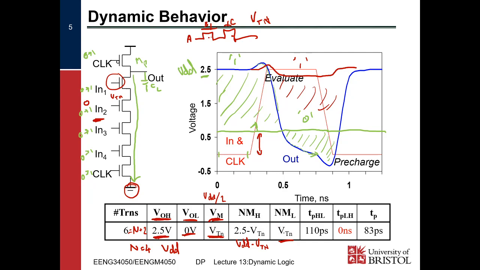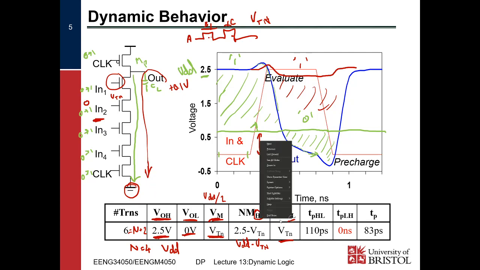That's not actually a problem though for dynamic logic, because it's actually our high output signals which are more susceptible to noise, because our low output signals, if we disturb our output, so let's add plus 0.1 volts here, that 0.1 volts is going to just discharge directly down to ground if we're aiming for a low voltage, right?